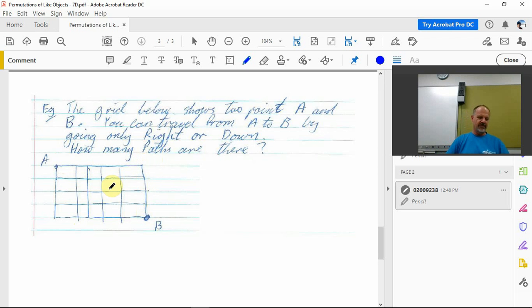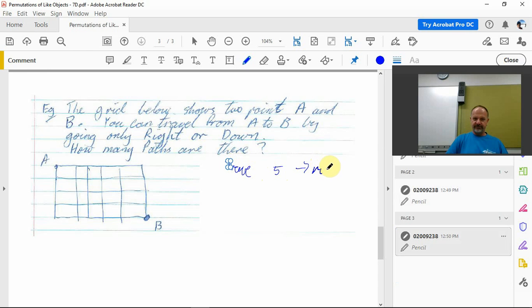So I need to travel 5 to the right and 4 down, for a total of 9.